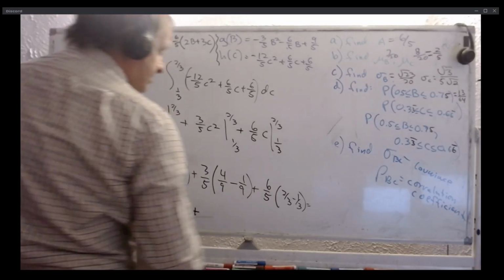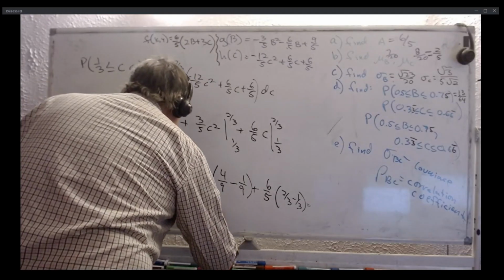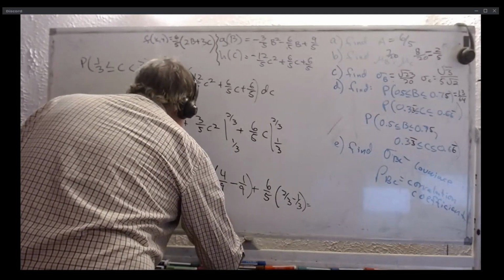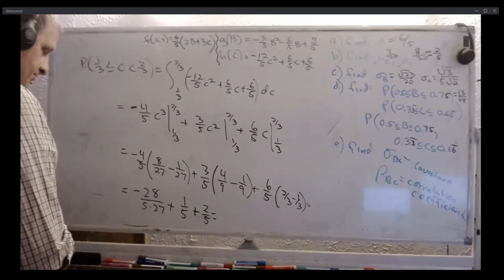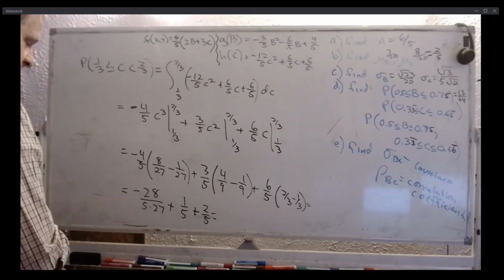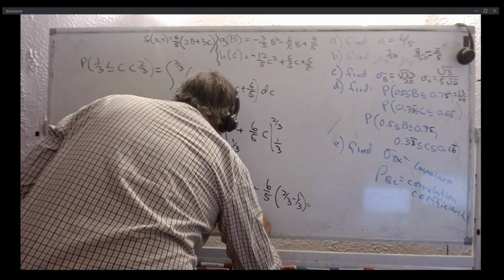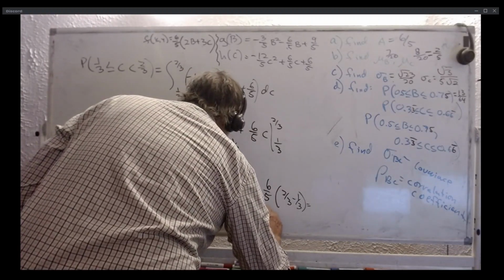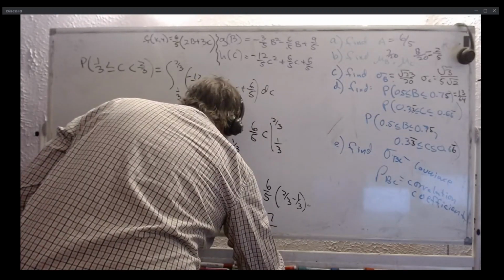And this is going to be 2/5, right? Oh boy. So we got 3/5. Multiply that by, okay, so it's negative 28 plus 3 times 27 over 5 times 27.